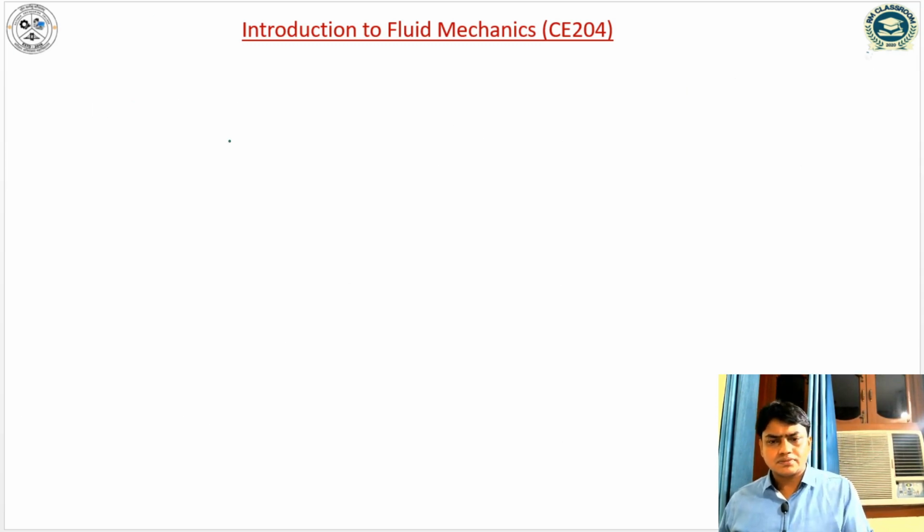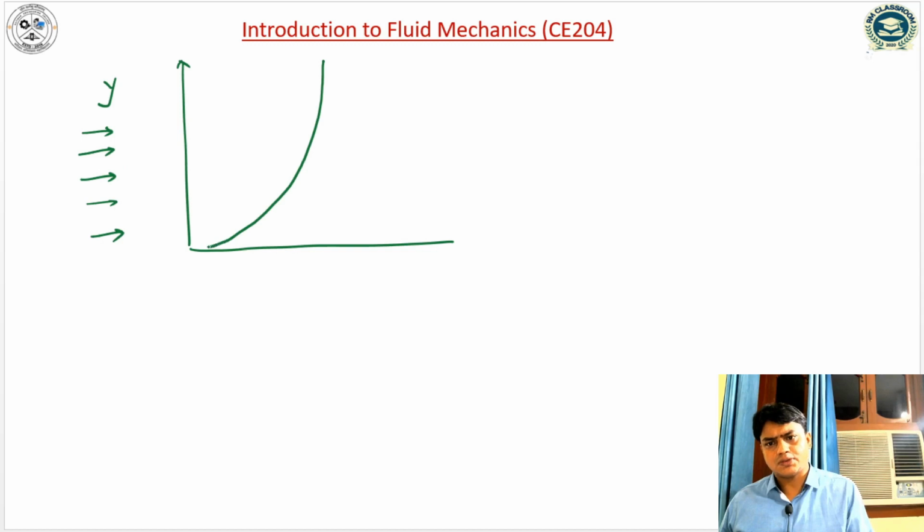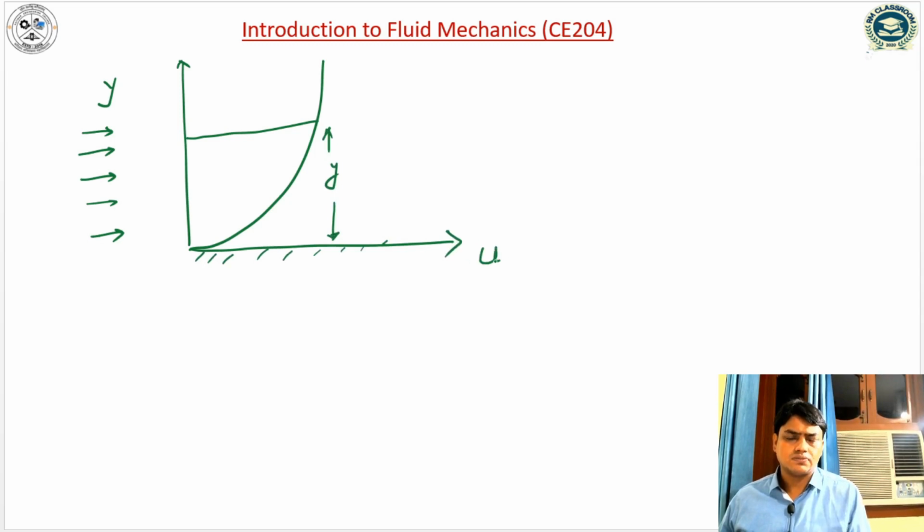Let us assume one fluid layer, and the flow is in this direction. This is the flow direction, and if I draw the velocity profile, it will be like that. One fluid layer is moving at a distance y, and this axis is u.